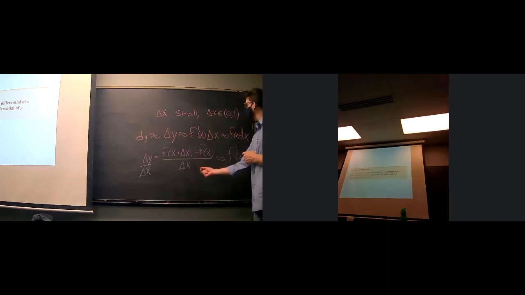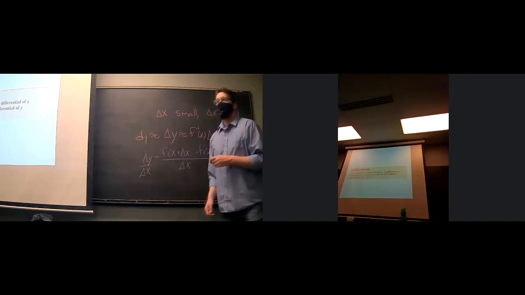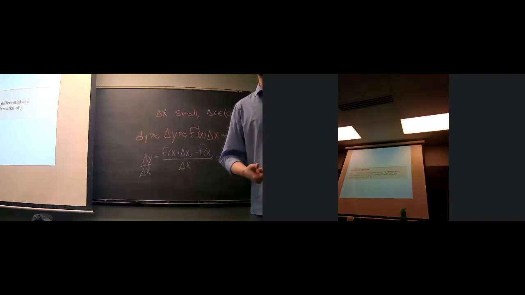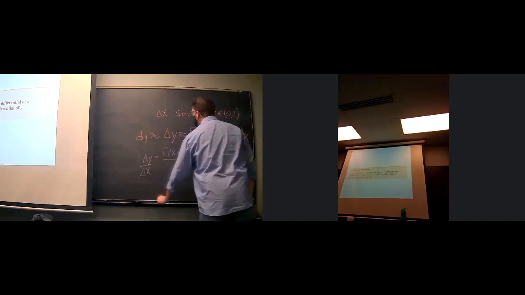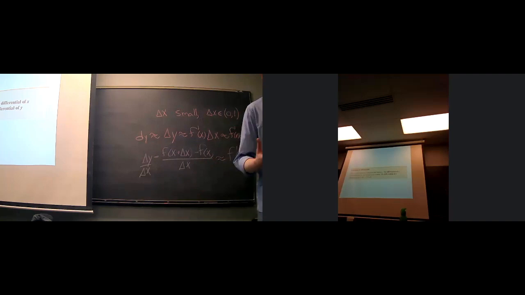So as it gets really small, we start getting closer and closer to looking like our derivative. And in that way, we can think of these differentials, dx and dy, as being approximations. Does this make sense? But since they're approximations, we can also think of them as error terms. That's another way of using them. We saw that in the last class.